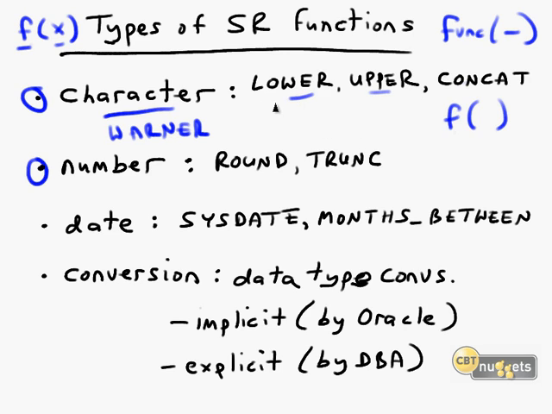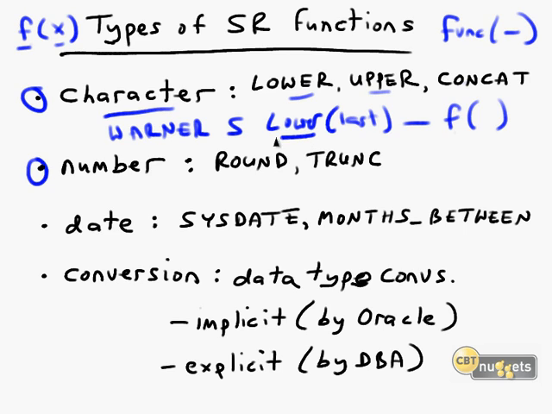Let's just say we needed that last name column to be in lowercase instead of upper. Well, how are you going to do that? You could export the raw data from Oracle and then manually shift the case, but that's ridiculous. We can make use of the case switching functions built into Oracle, write our select statement, and instead of specifying select last_name from employees, we would say select lower(last_name) from employees. You see what I mean?